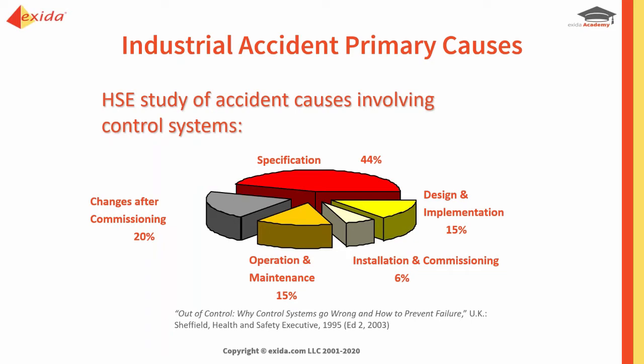So systematic issues are the number one cause of accidents. And this is why we have to make certain that we safeguard as much as possible from introducing these systematic issues. So this is an important thing to understand.